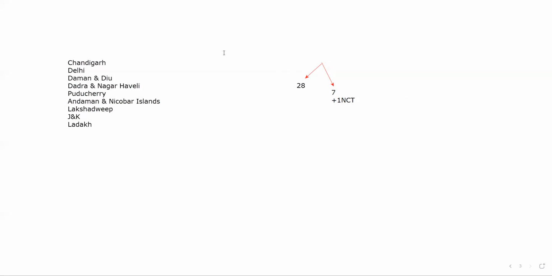On the whole, how many union territories do we have at present? 8 union territories are there at present, including Delhi, which is the NCT, because the NCT is also a union territory. And the next is the acquired territory. How many acquired territories are there at present? That is 0. So this is the whole thing.